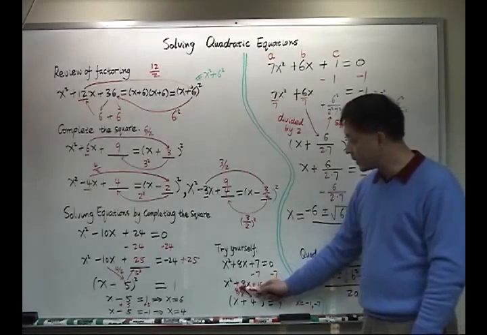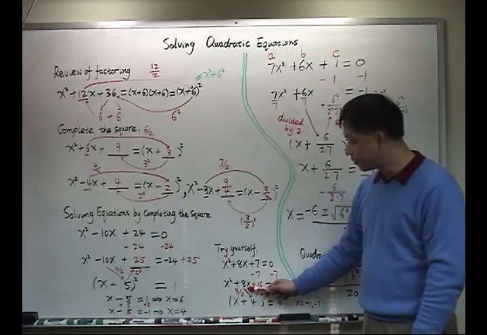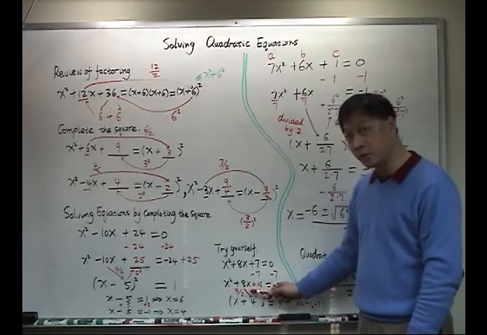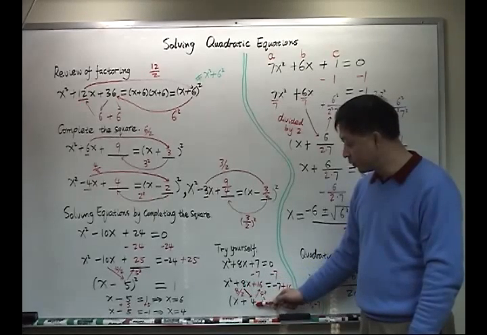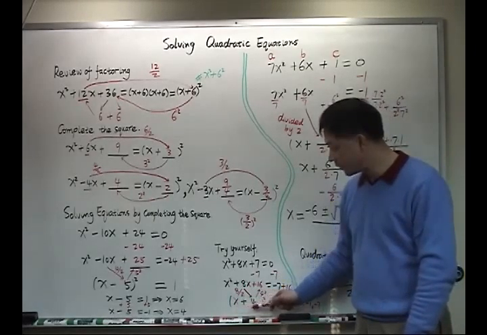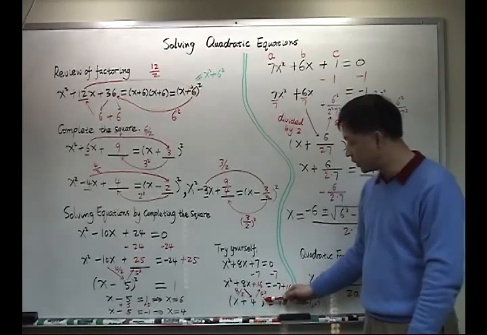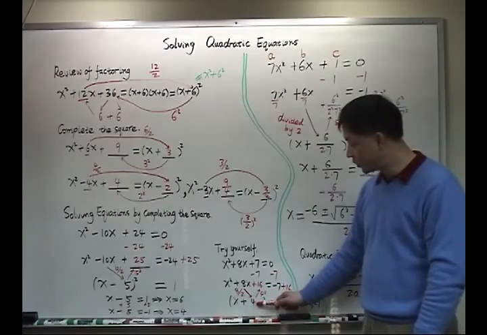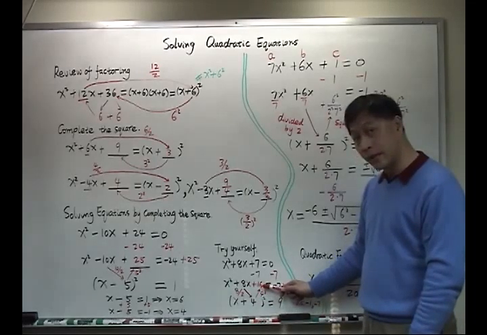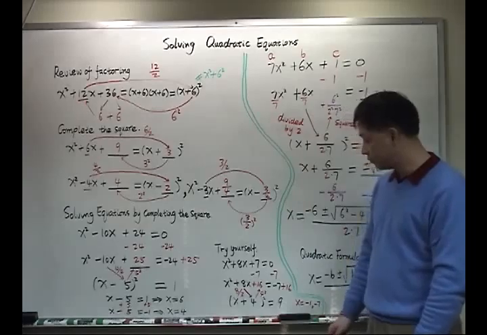So x squared plus 8x, we want to make a complete square. Then 8 divided by 2 gives x plus 4 as our quantity, then squared. The constant 16 should be 4 squared, okay, which is 16.